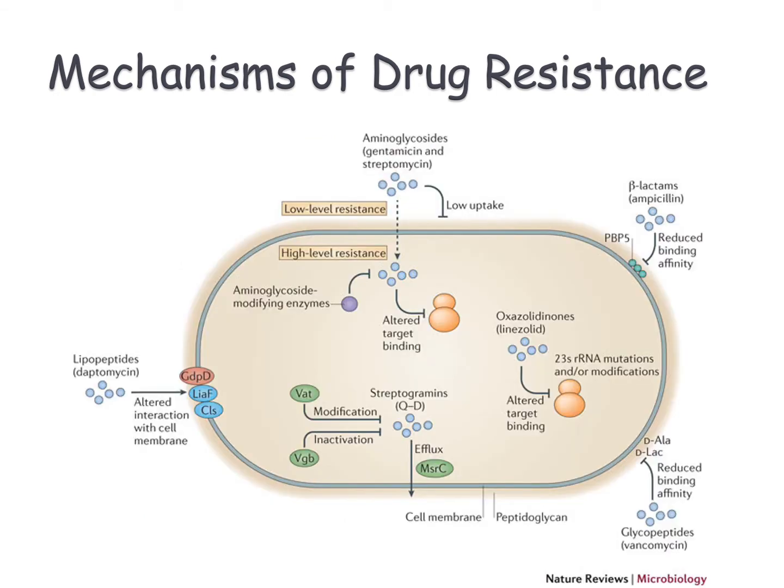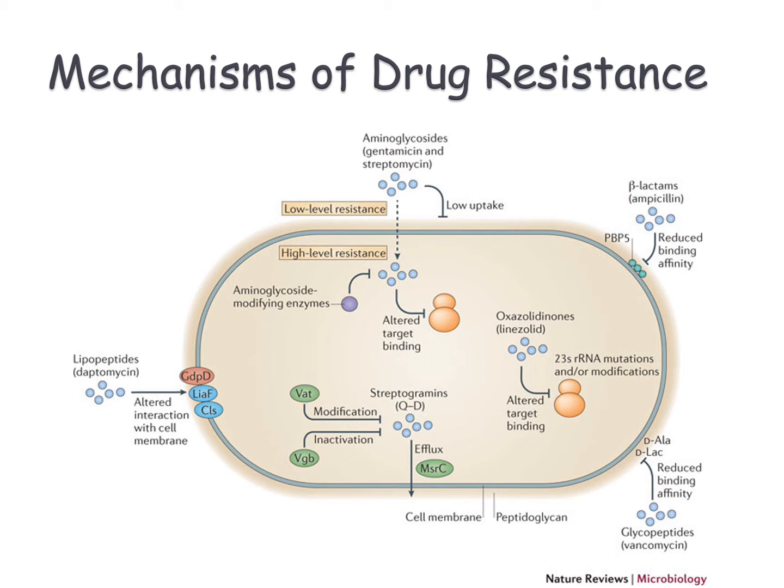This is another schematic of that. It has some examples on it. Starting at the top, some of the aminoglycosides like gentamicin and streptomycin can be inhibited from entering the cell, and this is labeled here as a low-level resistance.